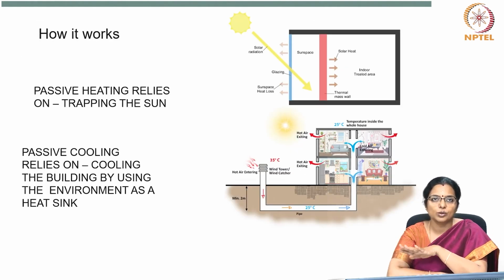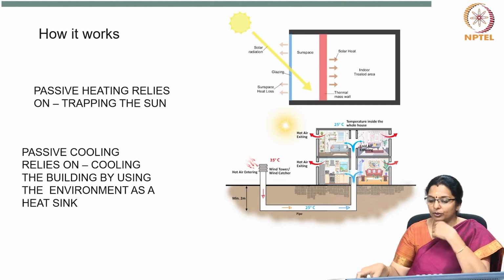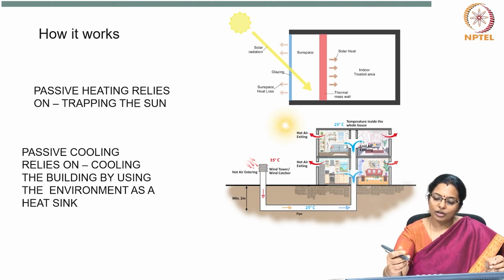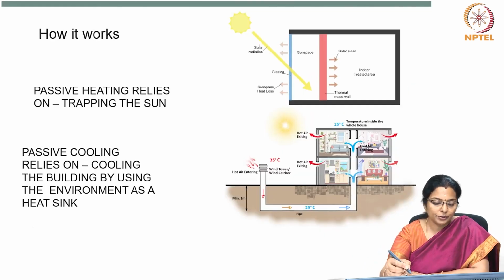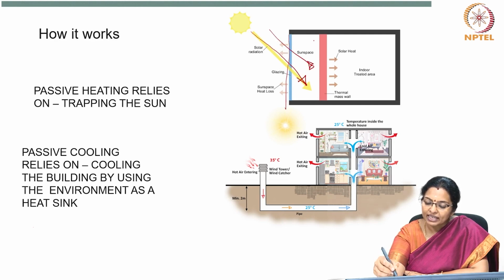Now, how does this work? Passive heating relies on trapping the sun. Here you can see that, in order to trap the solar radiation and have passive heating, the glazing is oriented towards the solar direction, so it traps the heat in a sun space.